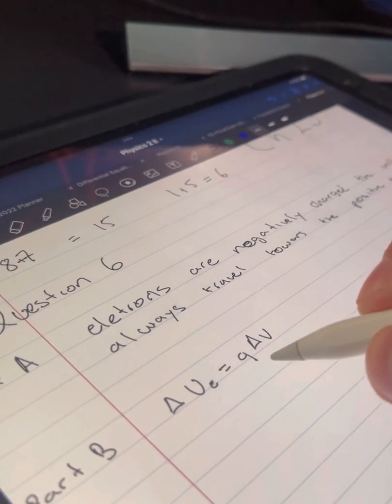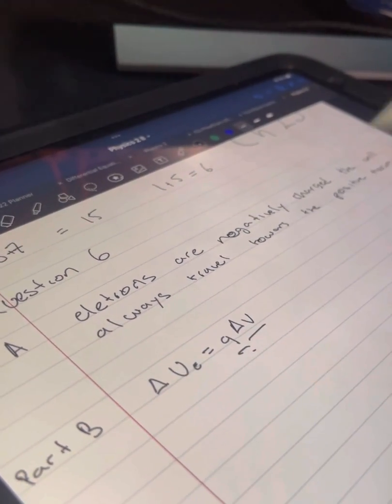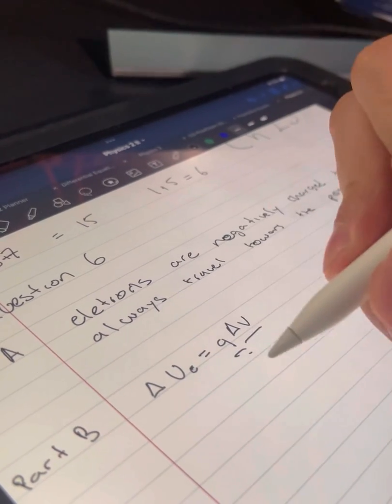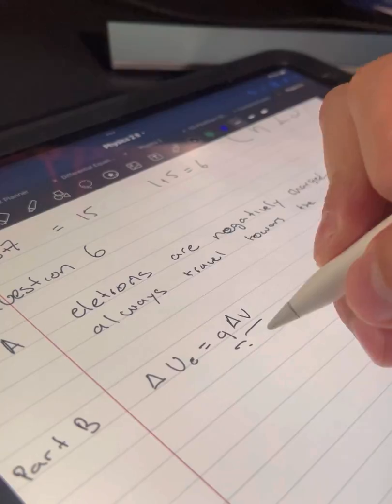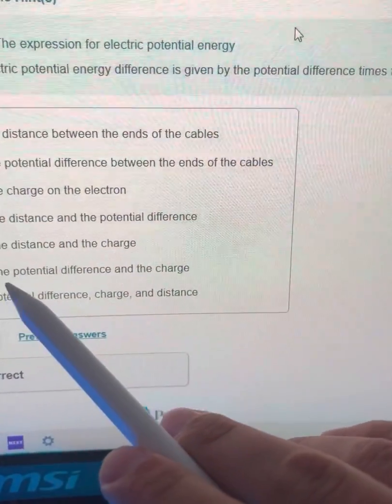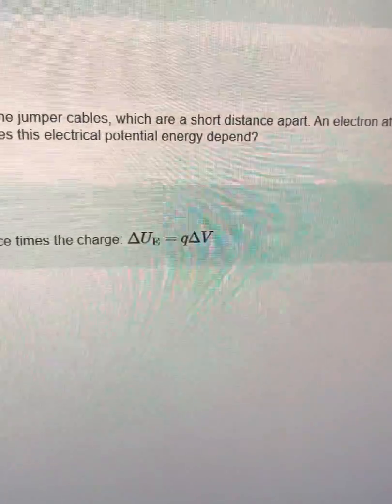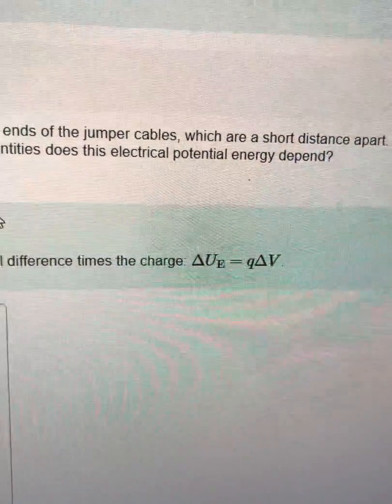Since these are the only two variables in this equation, it depends on the charge and the potential difference. We can see the choice is only the potential difference and the charge, which are the only two that matter towards the electric potential energy.